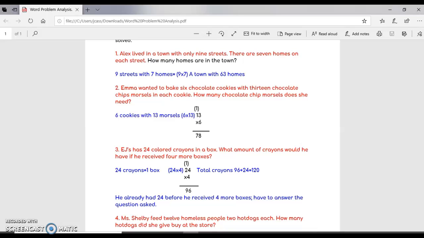They wrote out 13 6 times and then did 13 plus 13 and got 26 plus 26 plus 26. And then they did actually 26 plus 26 and got 52. Then they did 52 plus 26 and got 78.